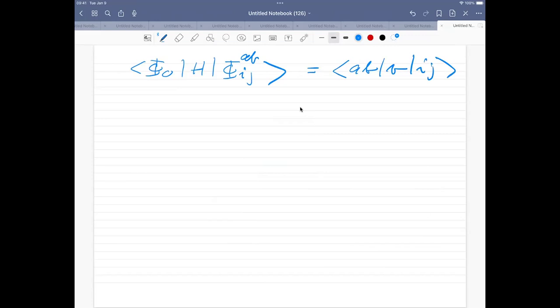So if we then have these matrix elements, then we know exactly what they look like. So this will be an AB V ij minus AB V ji. And these are integrals which we can evaluate. Alternatively, we can tabulate them and just keep them in a table.